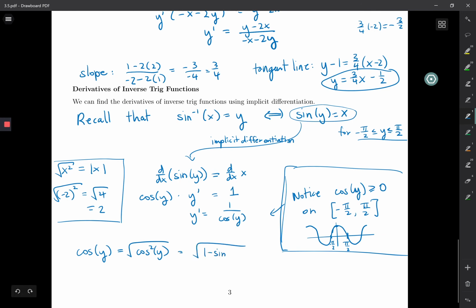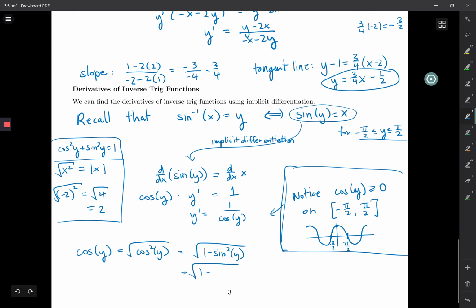Okay, so then I can now replace cosine squared of y with 1 minus sine squared of y, and that is from the trig identity, cosine squared y plus sine squared y equals 1, right? So we're just using that. And then we know that sine of y is equal to x, so sine squared of y is x squared, right?